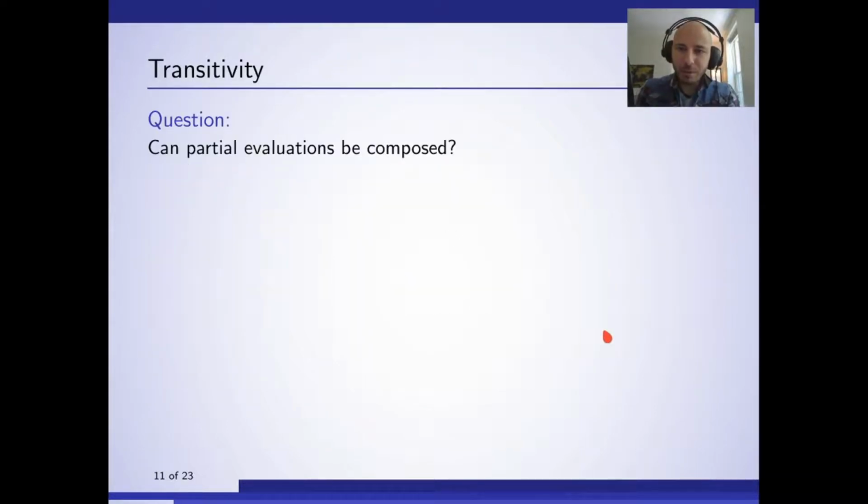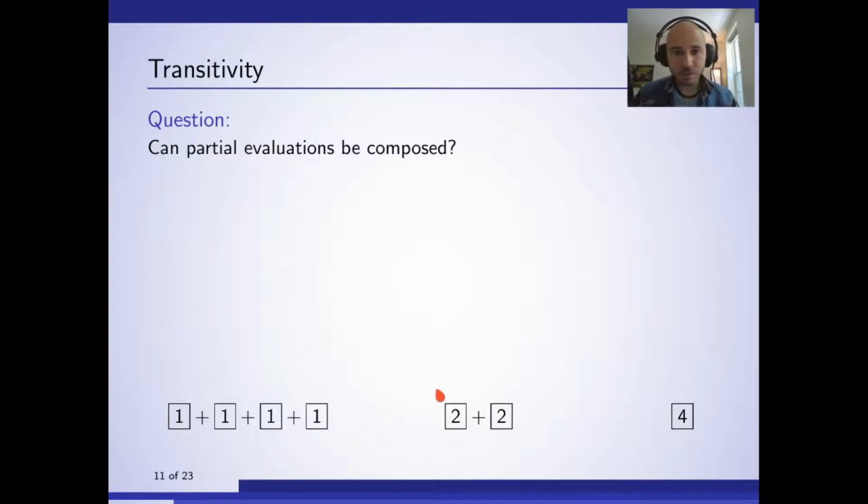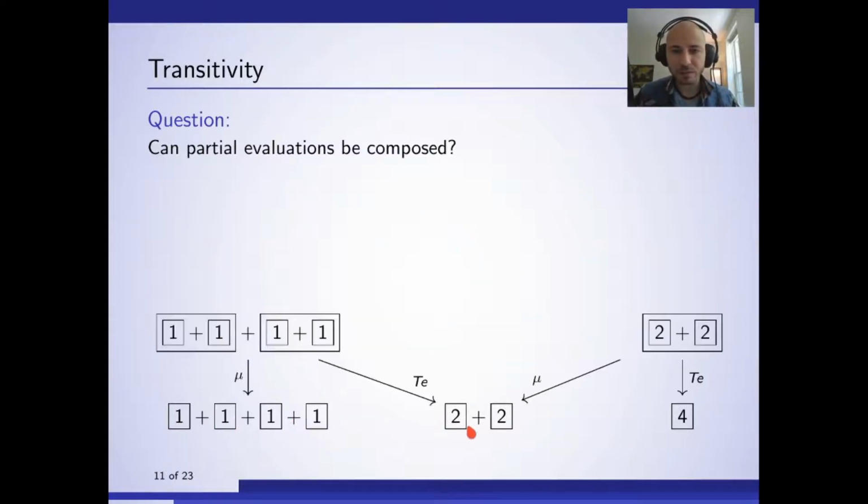Something that you probably wonder by now is, if I have a partial evaluation and then I do again a partial evaluation, the composition is again a partial evaluation, right? Actually, not always, but sometimes it does. So for the nice cases, we do have that. So for example, for the case of sums, so suppose you can partially evaluate this into this, using this witness, and this into this, using this witness.